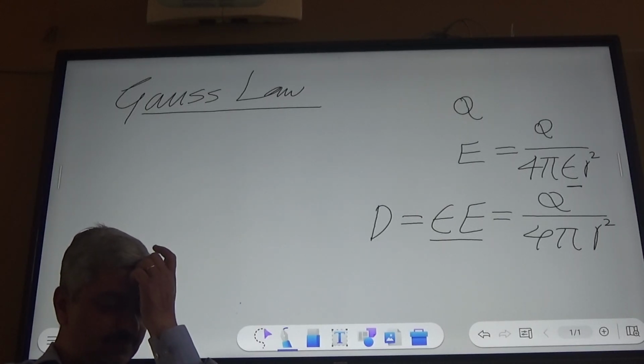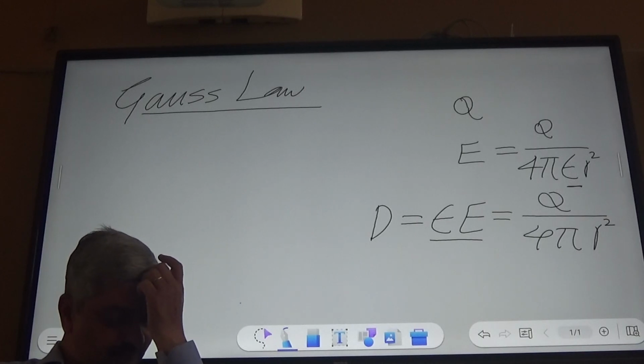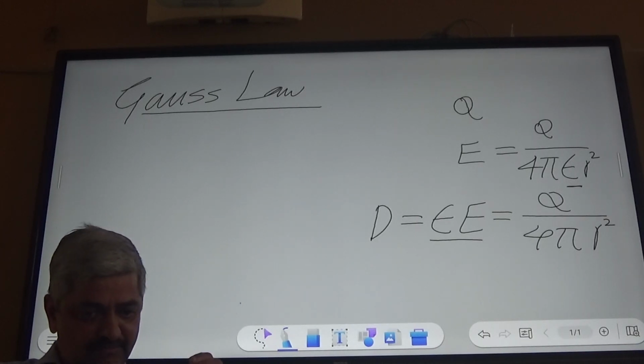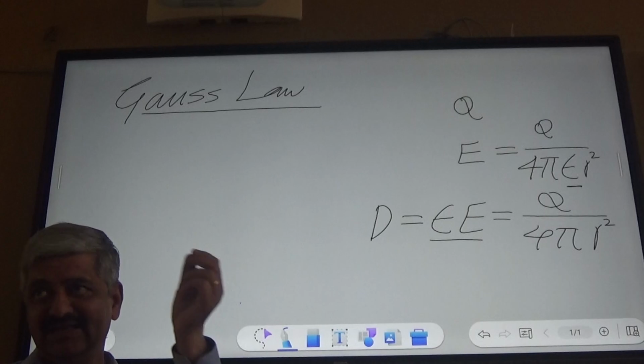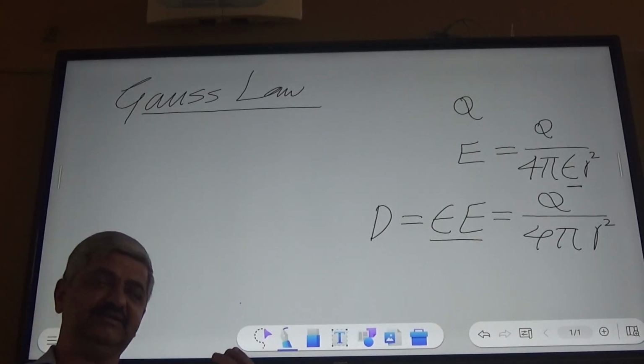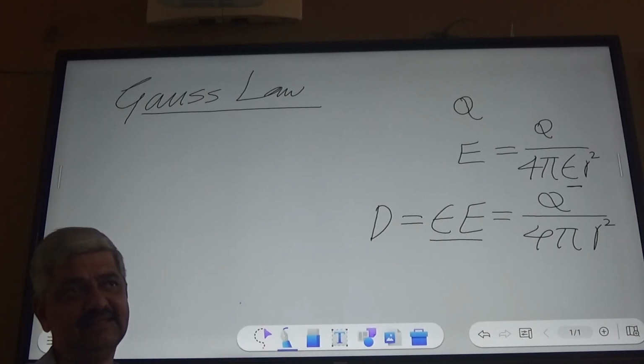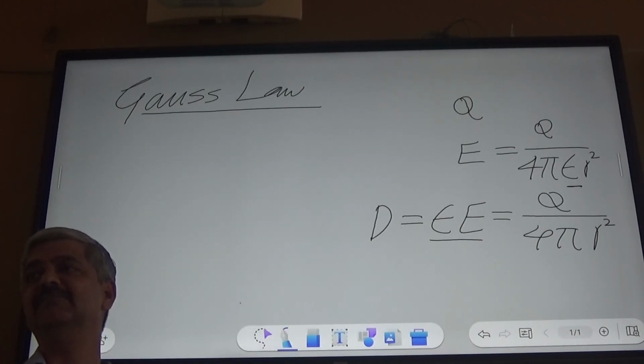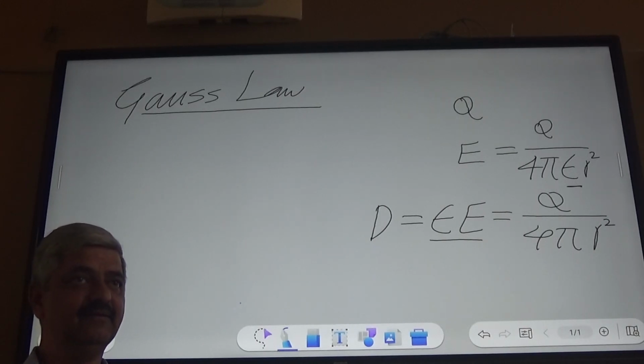We must get acquainted to the term electric flux over a surface, and then a closed surface. So what do we mean by over a surface?